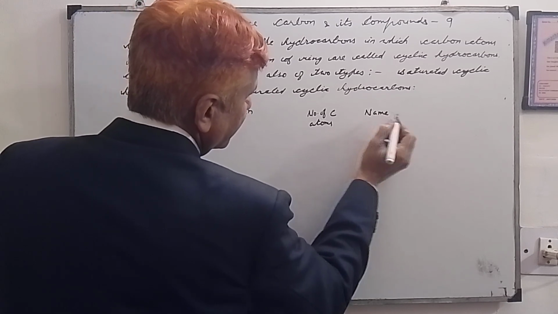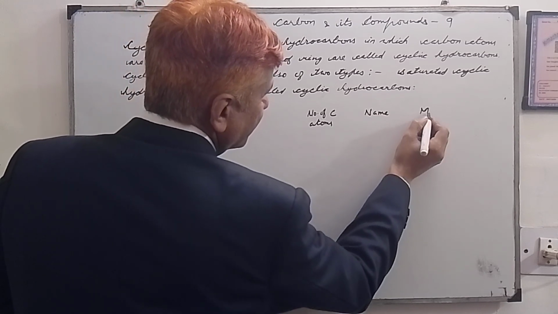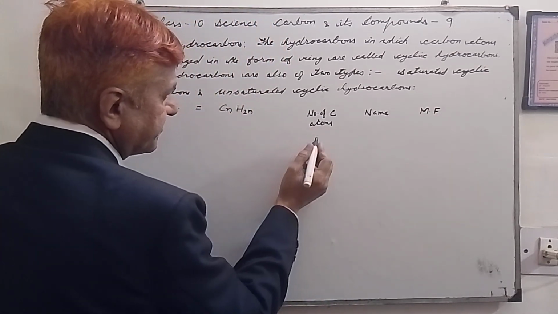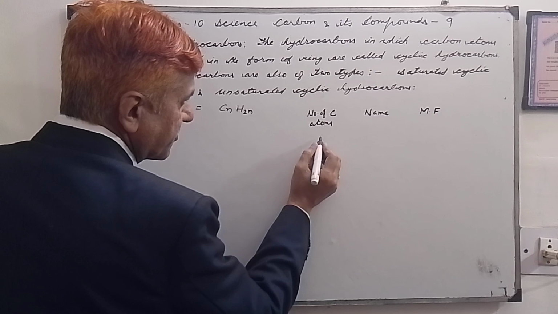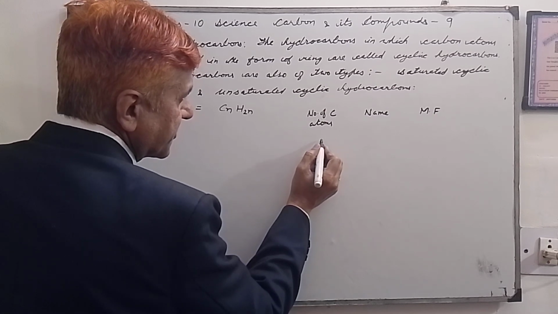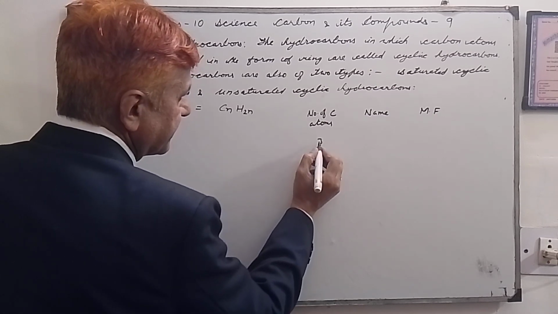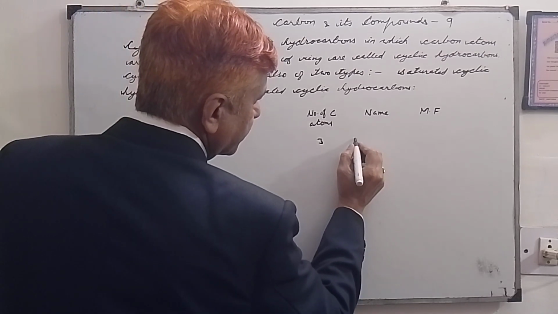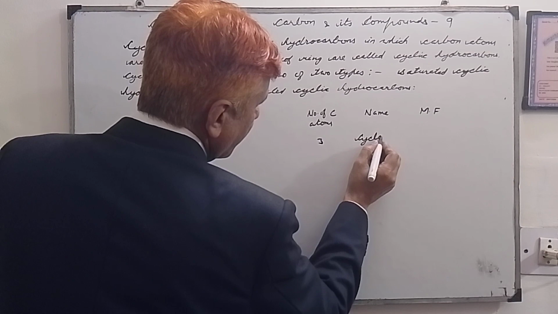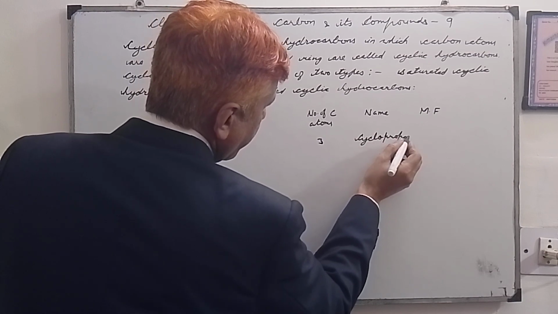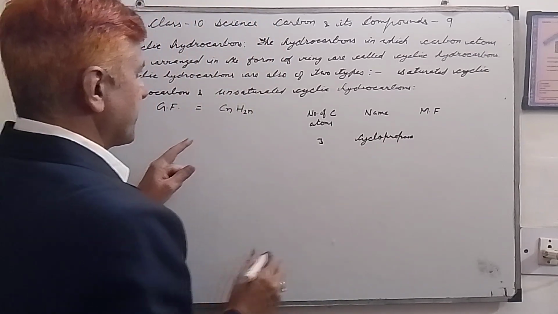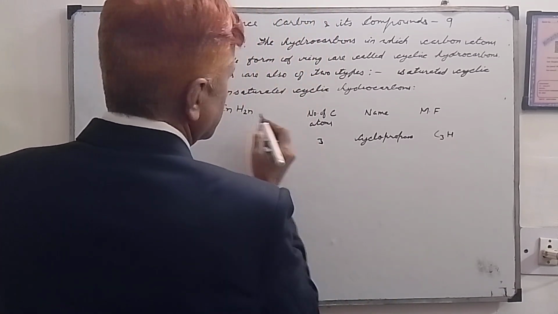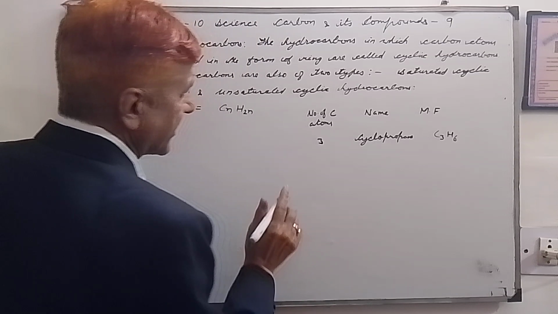First member is cyclopropane: n is equal to 3 carbon atoms, molecular formula C3H6.